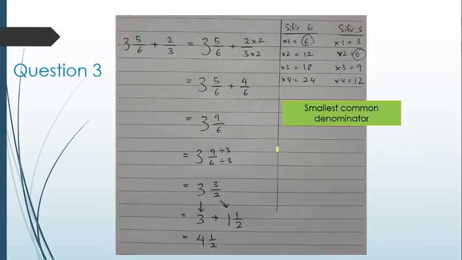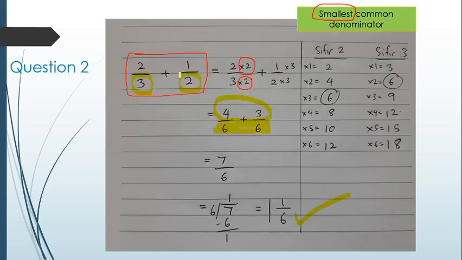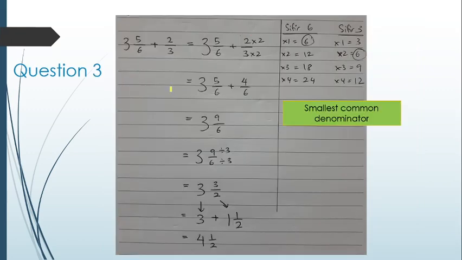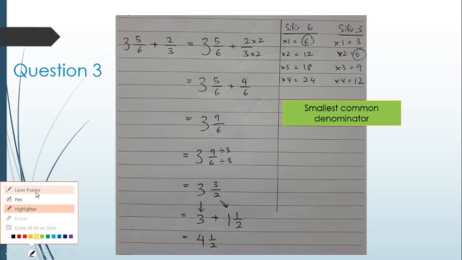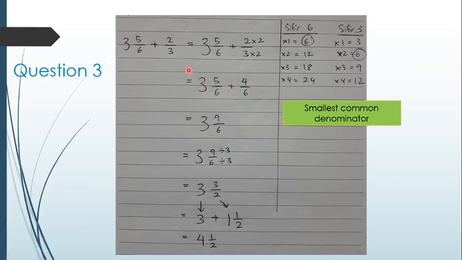Right, let's look at question number 3. This is a little bit different because here we have mixed number plus proper fraction. Previously we had proper fraction plus proper fraction. Now we have mixed number plus proper fraction. So don't get worried, it's still the same.